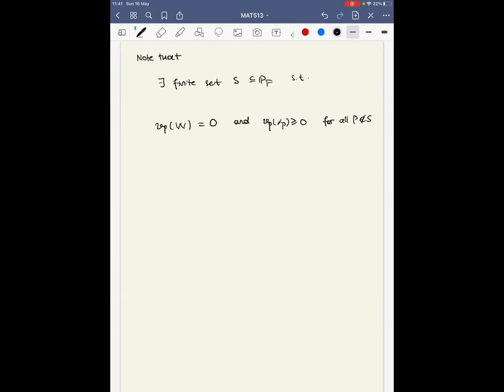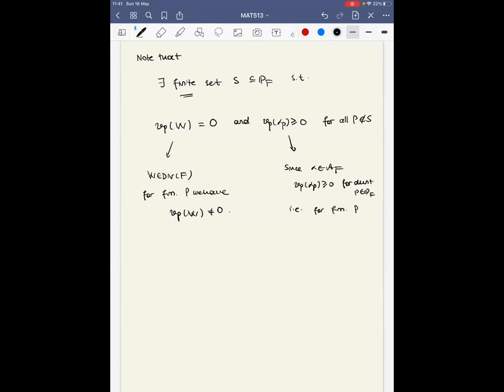Such a set exists because if omega has a divisor, we know that for finitely many places we have nonzero coefficients at the place P. On the other hand, since alpha is an adele, we know that v_p of alpha_p is positive for almost all places P, or equivalently, for finitely many places P we have v_p of alpha_p negative.